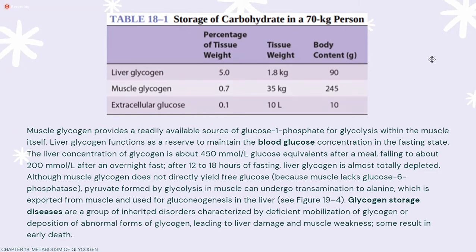Can you see that big difference? Now, of course, you look at the tissue weight. The tissue weight of liver is 1.8 kilograms, while the muscle is 35 kilograms.